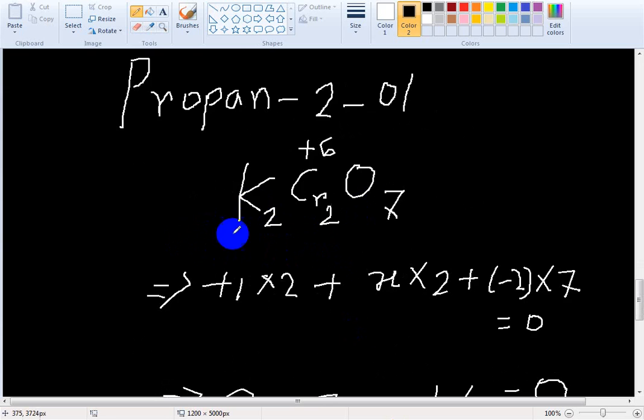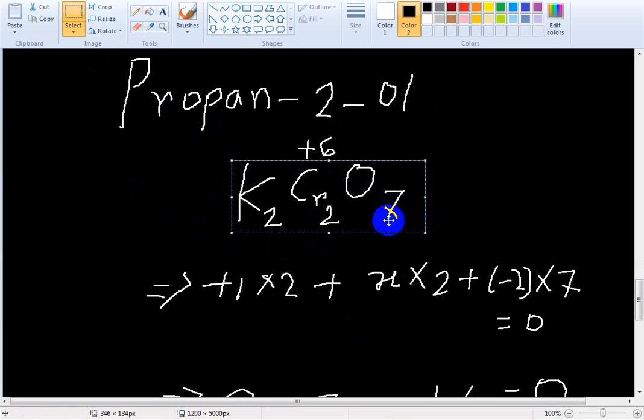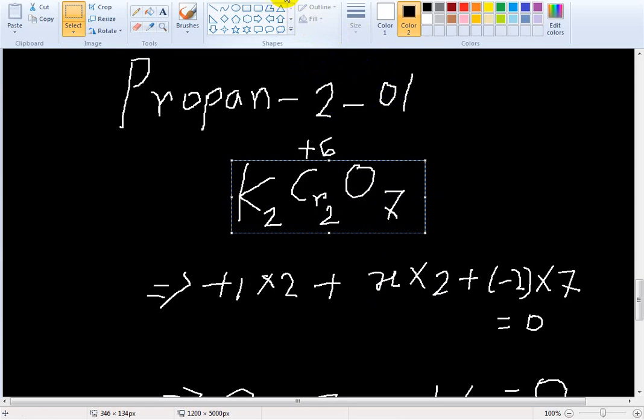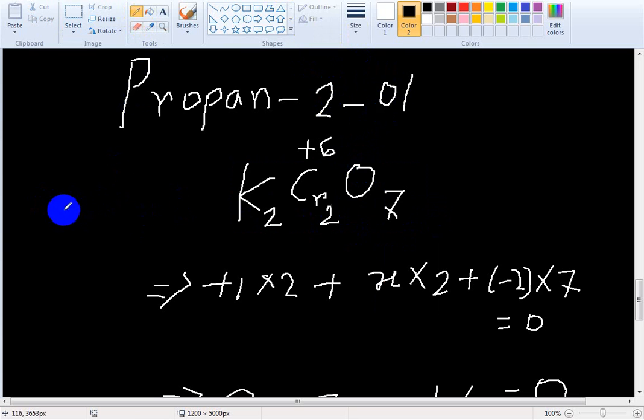This is potassium dichromate, K2Cr2O7. In an organic reaction, this is the oxidizing agent, but in organic reactions we write it this way, oxygen in square brackets.